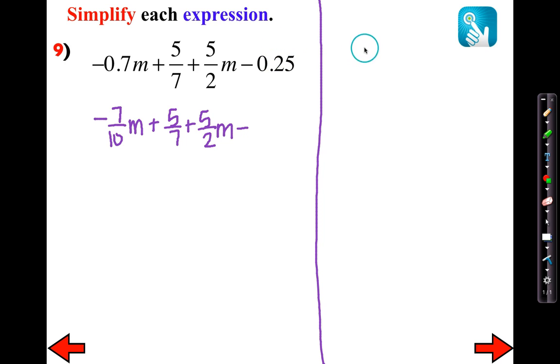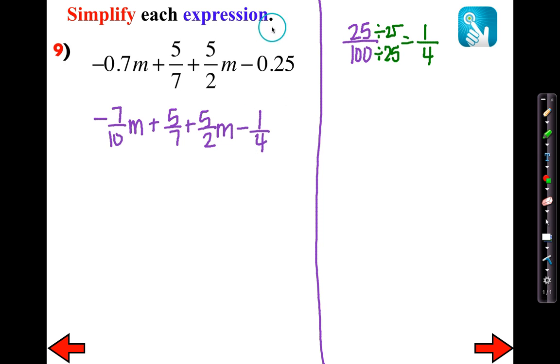I would read this as 25/100. Notice I'm not writing it here because I know 25/100 can be reduced. In fact, it could be reduced by 25. When I reduce it by 25, I am going to end up with 1/4. So this is now a 1/4.